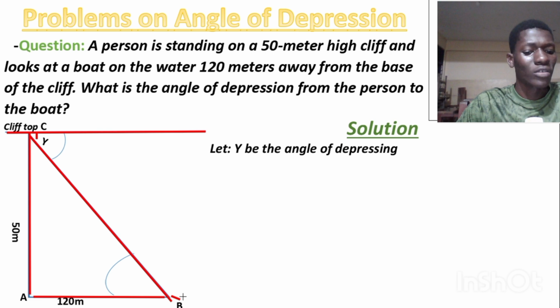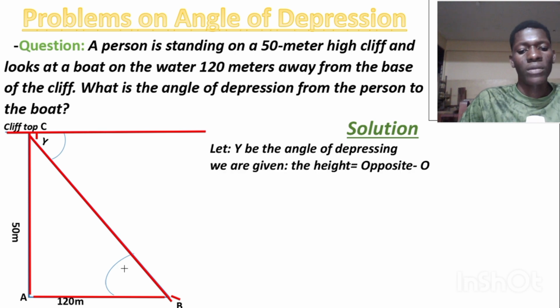You see that this is the transversal line. This angle is at the right side of the line and this angle is at the left side of the line. They are alternate to each other, so they must be equal.